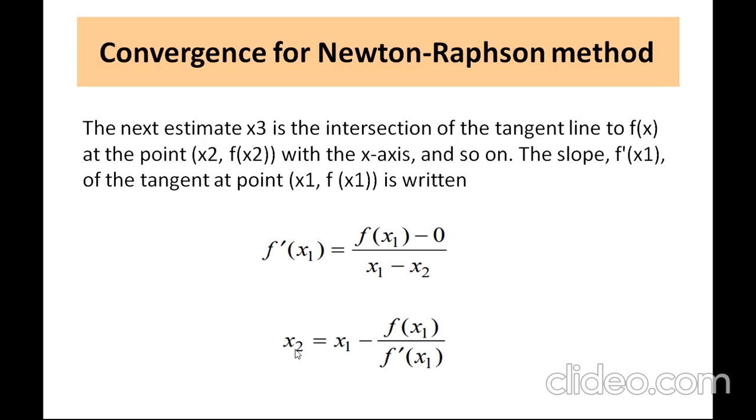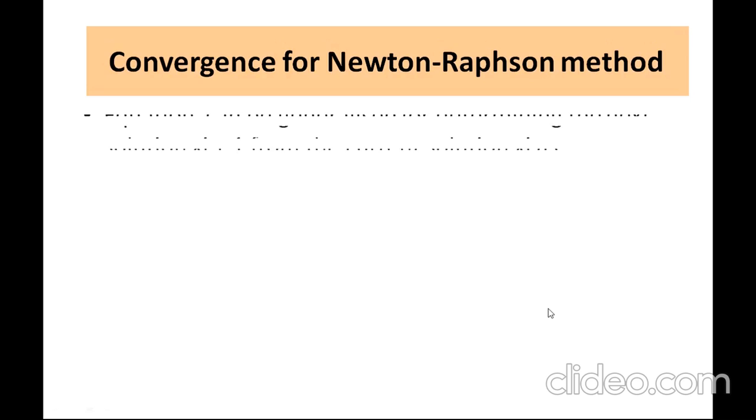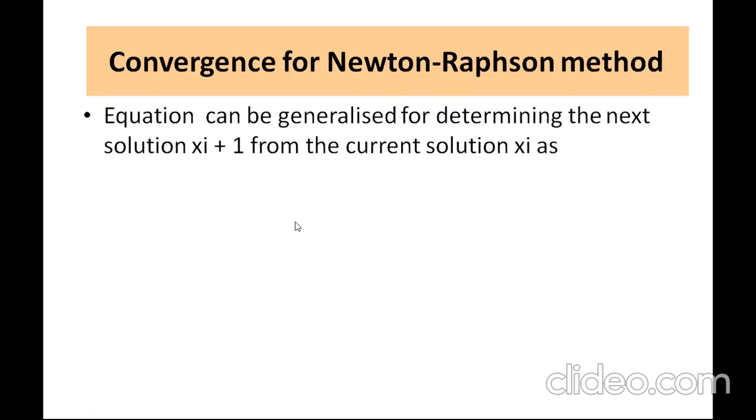Suppose instead of 2 here is a 4, then instead of x1 here will be a 3. The equation can be generalized for determining the next solution. The current solution is xi and xi plus 1 is the next solution.